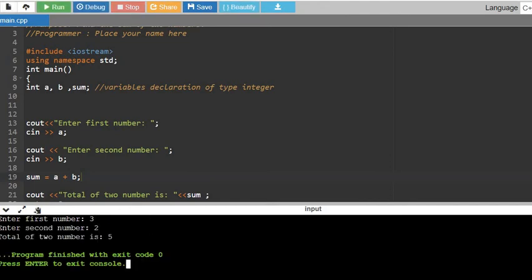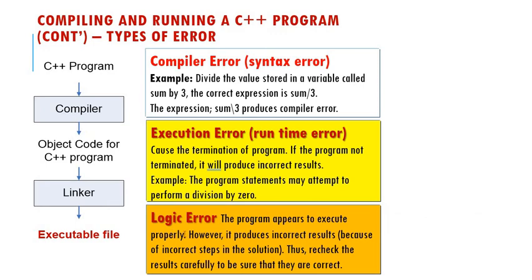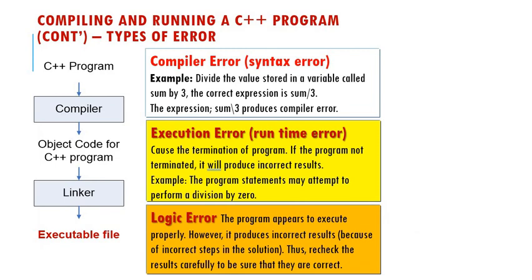Now the program produces a correct answer, or a correct output. So previously, that situation is known as a logic error. That is one of the 3 types of errors in computer programming.